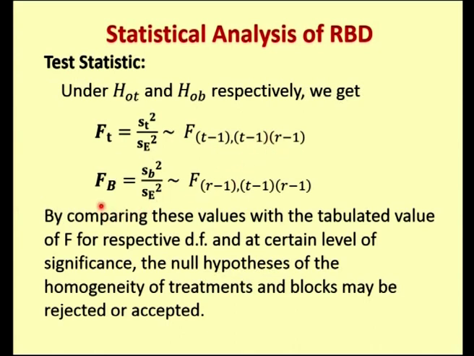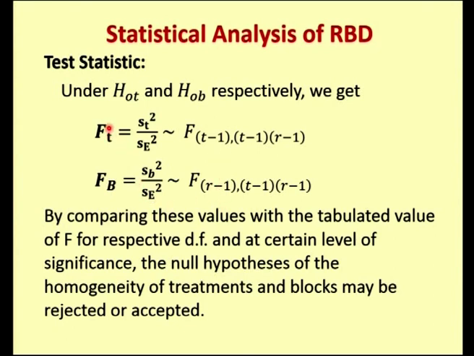And to test the homogeneity of blocks, we have the test statistic as FB, which is defined as S B squared divided by S E squared, and it follows again F distribution with r minus 1 and (t minus 1)(r minus 1) degrees of freedom. So, these are the calculated values on the left hand sides, and the right hand side F values are nothing but the table values.